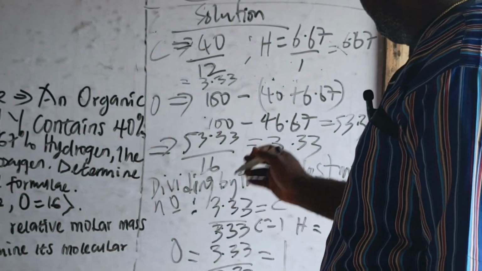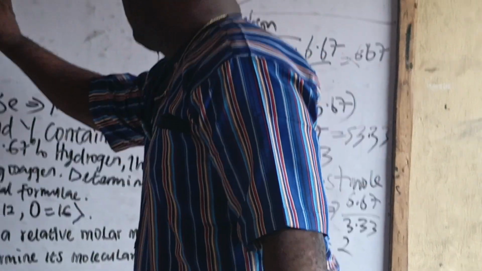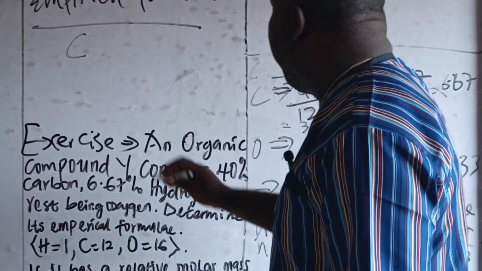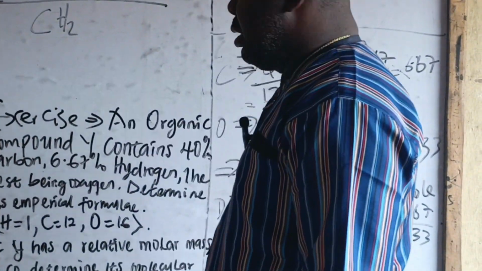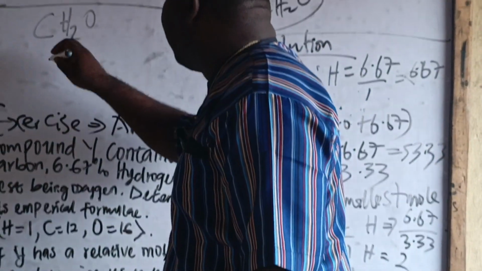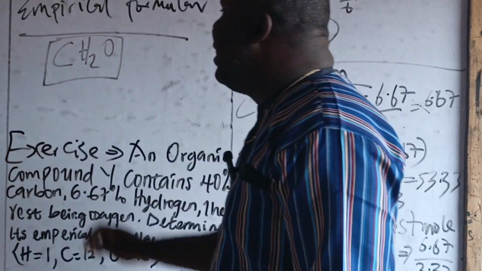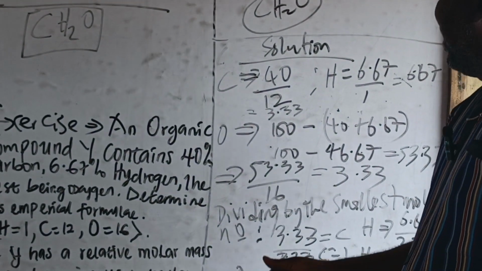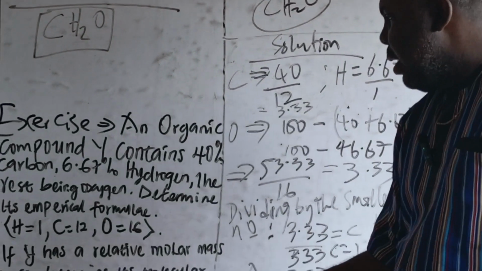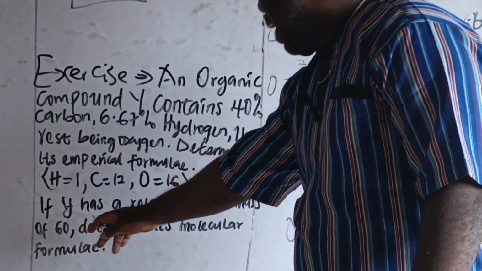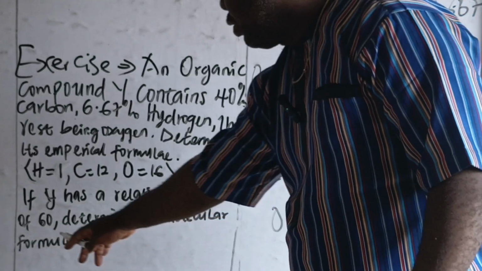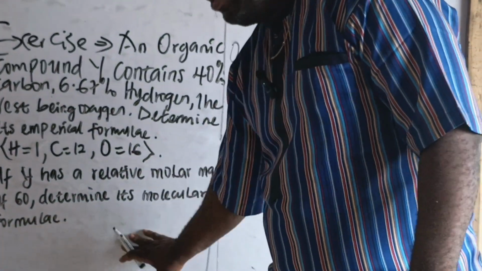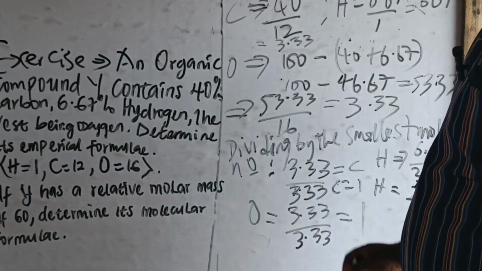Therefore, in the ratio, we have 1 atom of carbon, 2 atoms of hydrogen, and 1 atom of oxygen. So this becomes the empirical formula of the compound Y. The second part of the question says, if Y has a relative molecular mass of 60, what will be its molecular formula?